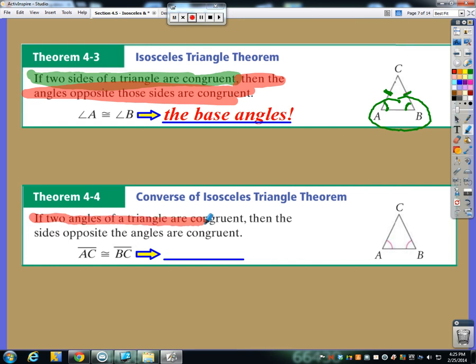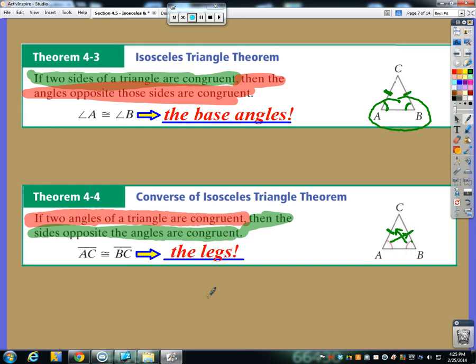We're going to say if the 2 angles of a triangle are congruent, aka if the base angles are congruent, then what we may conclude is that in fact that triangle must be isosceles. It must have 2 congruent sides. Okay, so notice in this picture, this is starting out with 2 congruent base angles. Well, that must mean that the sides opposite of those angles must also be congruent, aka those were the legs in terms of vocabulary.